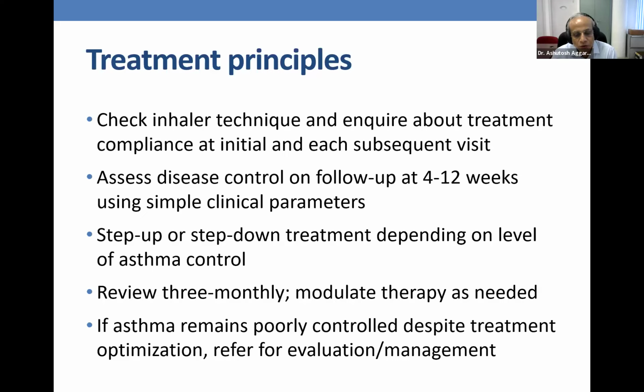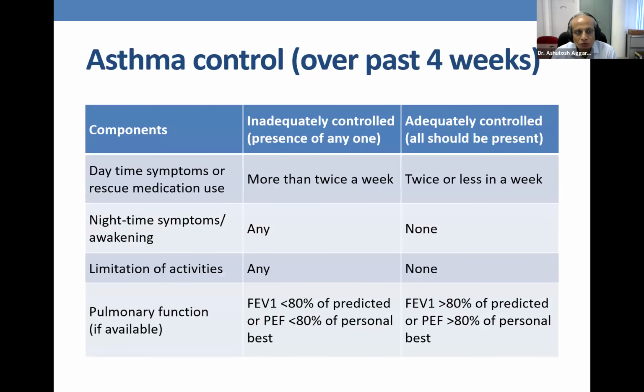Most patients can be followed up at a 3-monthly interval once their treatment has been regulated and fixed, but they can modulate the therapy as and when required. And if despite optimization of treatment, asthma remains poorly controlled, then these patients should be referred to a higher center for further evaluation and management as appropriate. So this is how we assess asthma control.